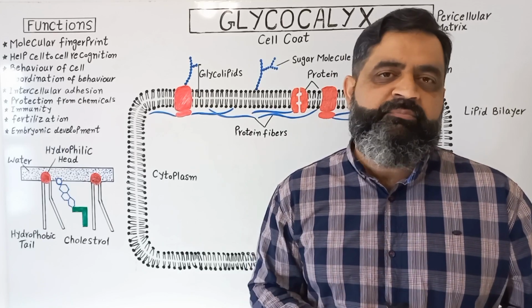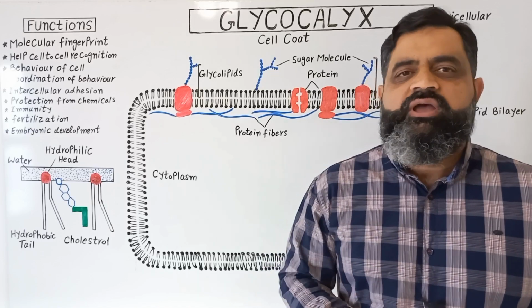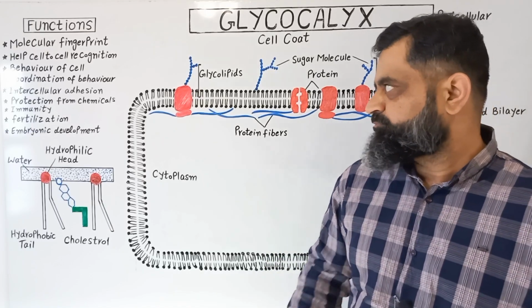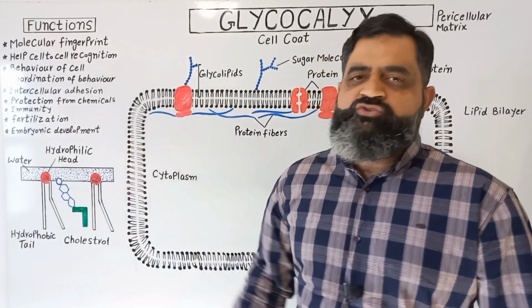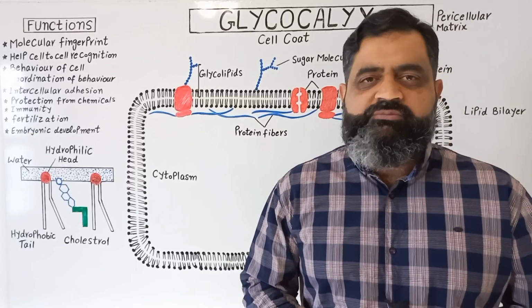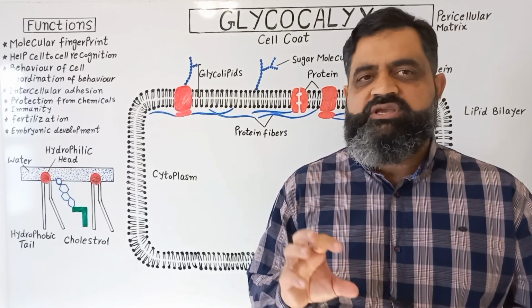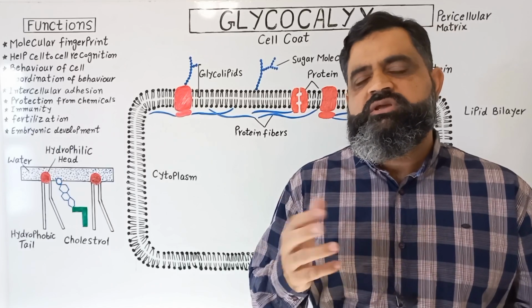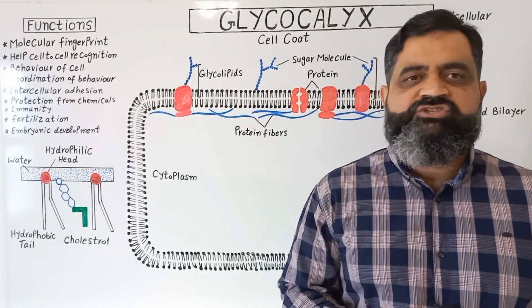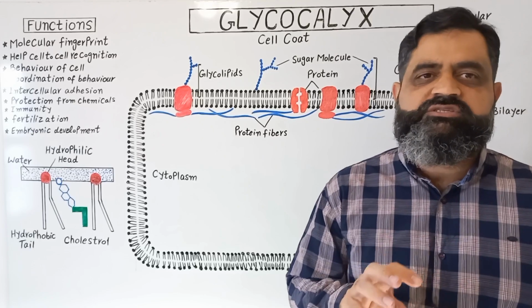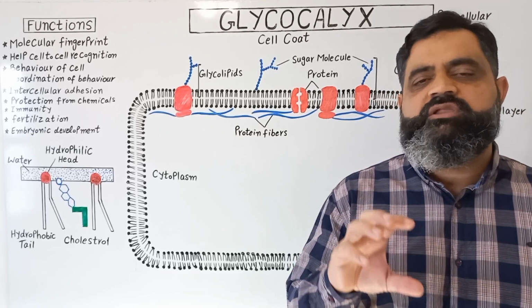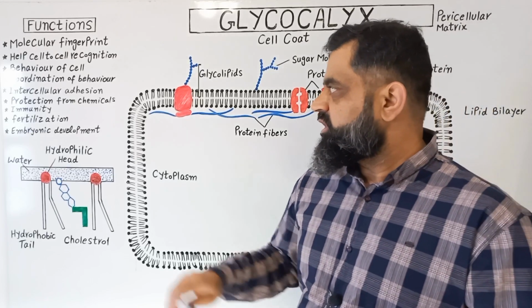So glycocalyx is a protective layer which helps to eliminate such dangers. Glycocalyx also provides immunity to different types of cells. This immunity can be of various types, especially against cancer, pathogens, and some other chemicals which are trying to destroy cells.